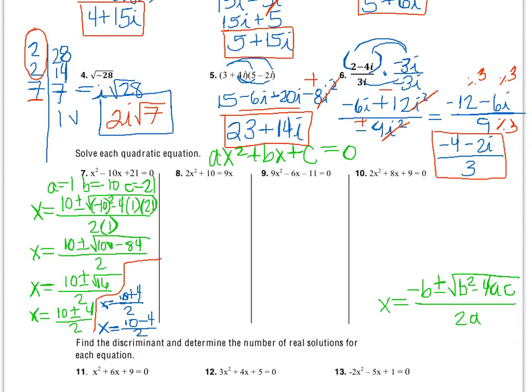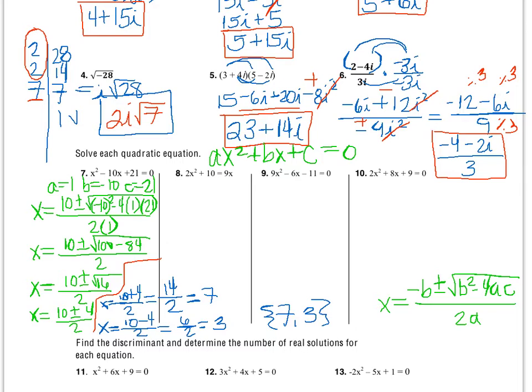I'm going to have to erase this in a second because I'm just running out of room. But 10 plus 4 for the first one is 14, and 14 divided by 2 is 7. And then in the second answer, 10 minus 4 is 6, and 6 divided by 2 is 3. So our two answers here are 7 and 3.